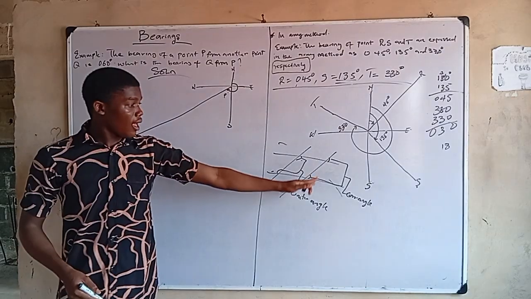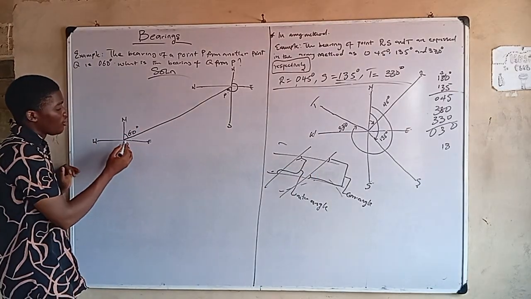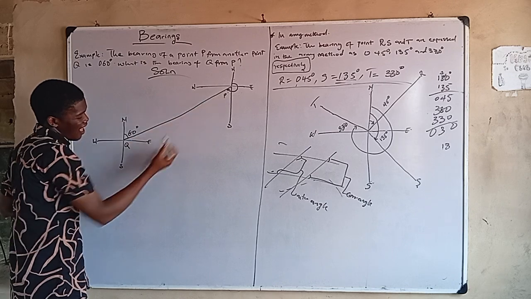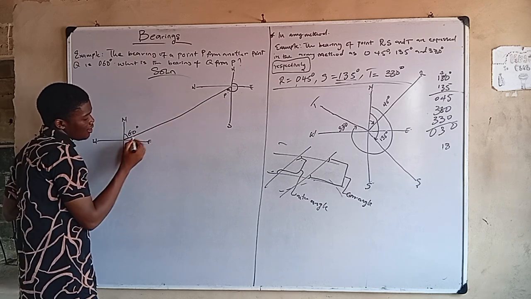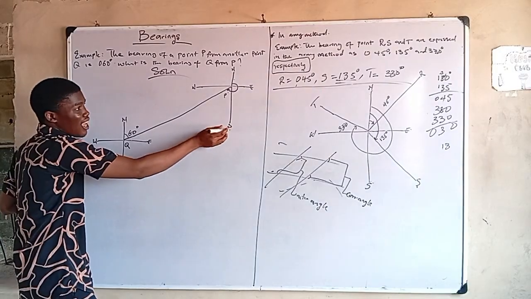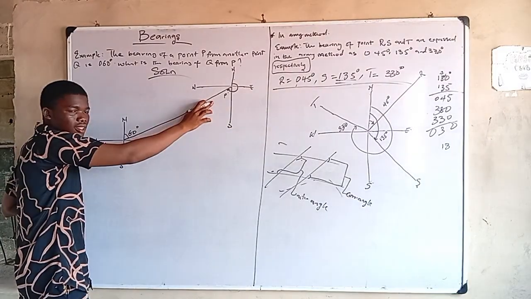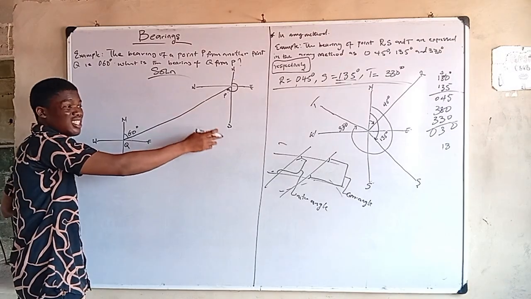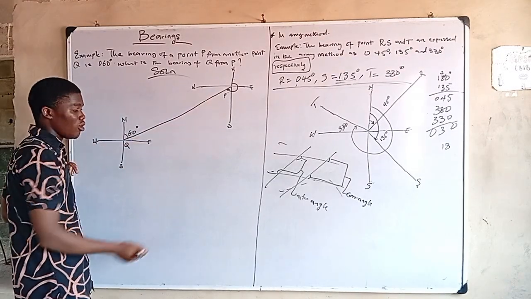So this is how they are. If you look at these two angles, this part is 60, so this part should be 60. So from south to P is an alternate angle.